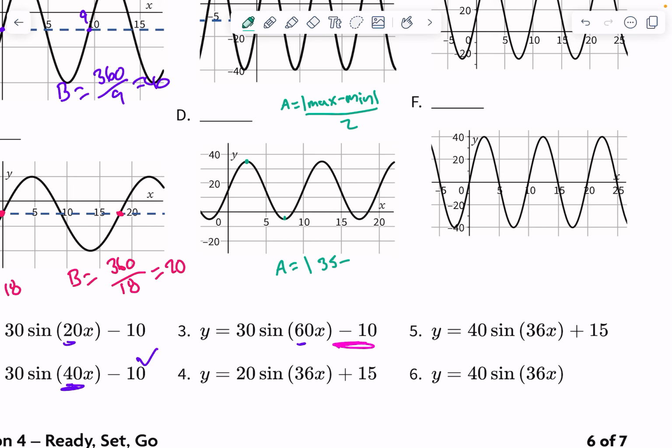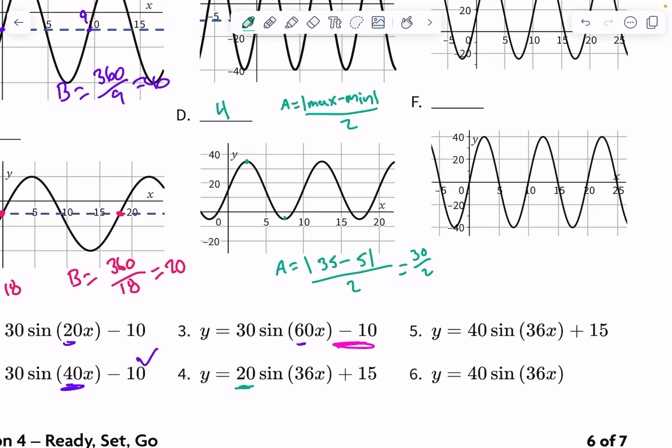My minimum happens here at like, let's say 5, all over 2. So this is 30 over 2, which is 15. So my amplitude should be around 15, and the only one that's close to that is D right here. So I'm going to say that that's going to be 4.